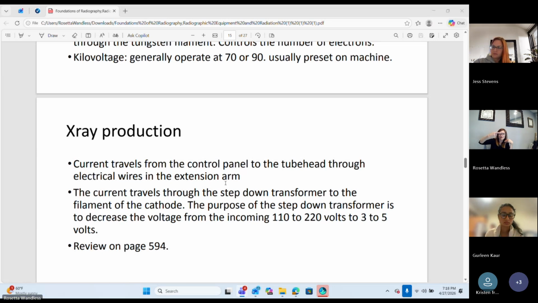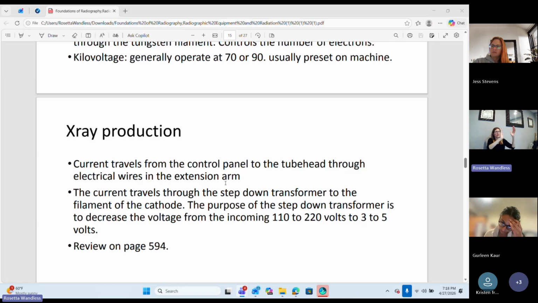My electrons hit my anode, my tungsten target. 99% heat is getting absorbed in my copper stem. 1% radiation is going to go out through the lead collimator to be shaped into the size and shape that we need, either rectangle or cylindrical. Then through the aluminum filter to filter out long wavelength, and then out PID. 10 steps.